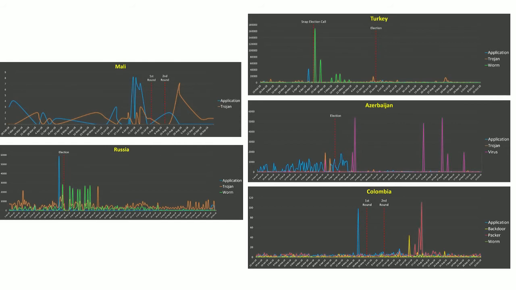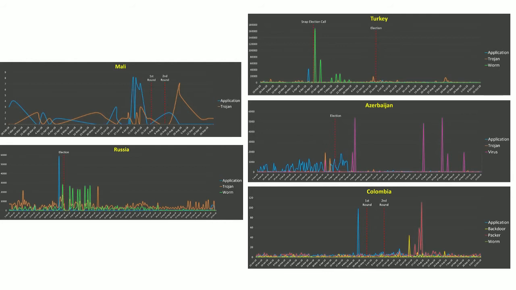It may be being discussed and I'm just not aware of it. However, when I look at our data, especially for these elections, in some of the previous slides it was just, okay, here's all malware on a timeline. But we need to dig deeper and understand at a more granular level what's happening, and that's the effort with these slides. So here's Mali, Russia, Colombia, Azerbaijan, and Turkey, different countries.